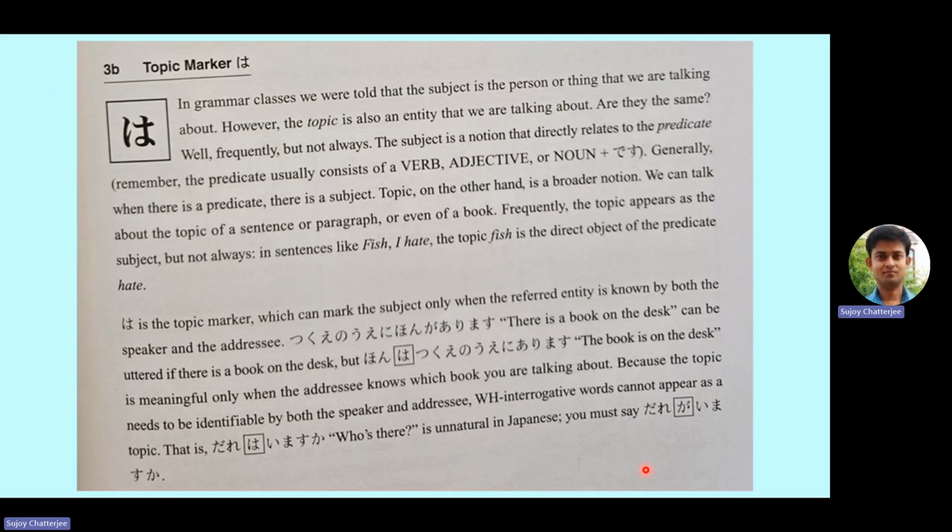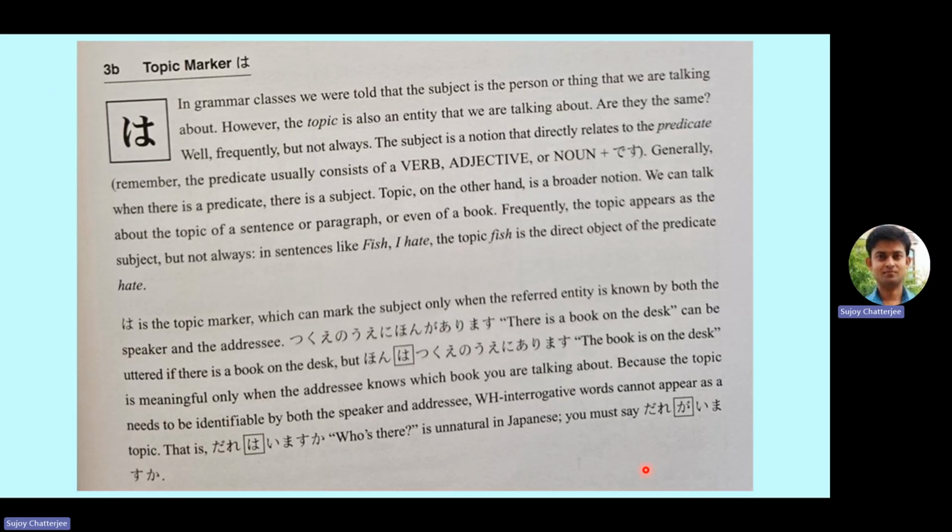In English grammar, we rarely talk about something called topic in a sentence. We just talk about subject and predicate. The subject is the thing or person we are talking about, and the rest of the sentence containing verbs, adjectives or other nouns constitutes the predicate.